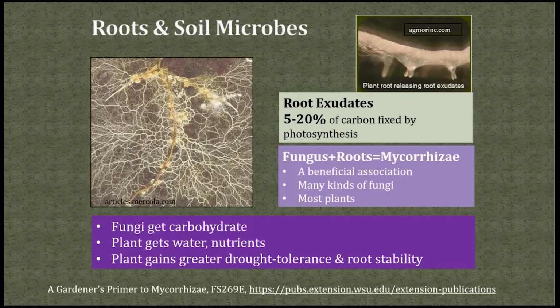Regardless, in this partnership, the fungi get carbohydrates because they don't have chlorophyll. They're not able to make their own food. So they need to get food somehow. And the plants will get water and nutrients in exchange. The additional benefit for plants, and this is very important, especially in our increasingly drought-stressed gardens, is that the fungal hyphae will reach far beyond the physical reach of plant roots.